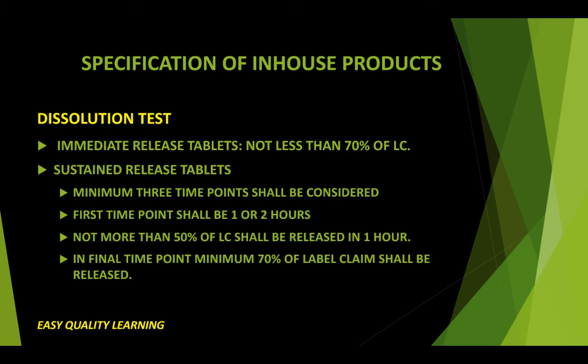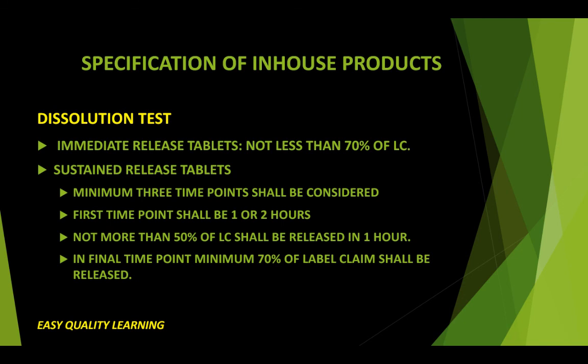Then dissolution test. For immediate release tablets, not less than 70% of the label claim is general. People used to keep this limit. And for sustained release tablets, a minimum of 3 points need to be kept. First time point can be 1 hour or 2 hours. Second and third time points can be as per the dosage form or the drug requirement.